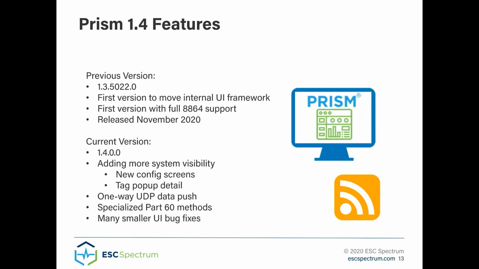So if that's something you're interested in, we do have some available options there as well. We added some specialized part 60 methods, another customer request specific to different permit interpretations. And then we did fix some smaller user interface bugs that had to do with that UI change out as well.